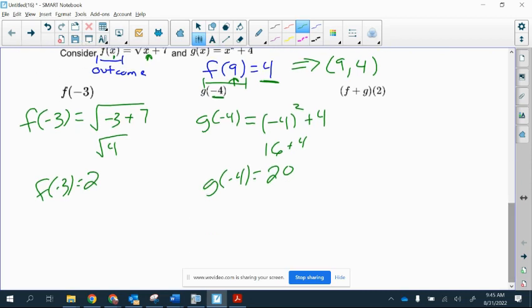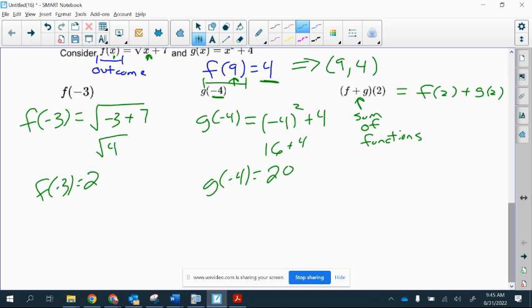Now there's a number of things that we can do with functions, one of which is right here. This here is talking about the sum of the two functions. This is the same thing as f of 2 plus g of 2.